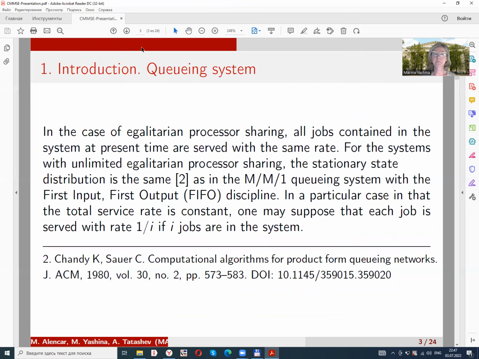In the case of egalitarian processor sharing, all jobs contained in the system at the present time are served with the same rate.